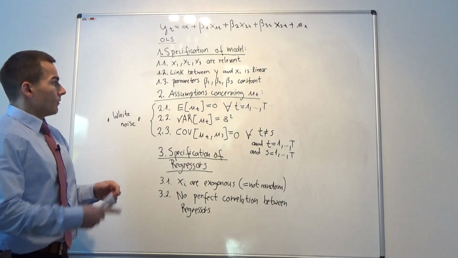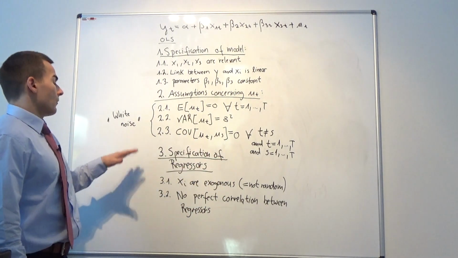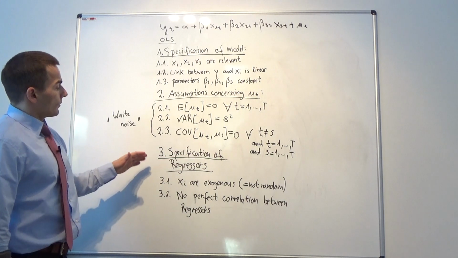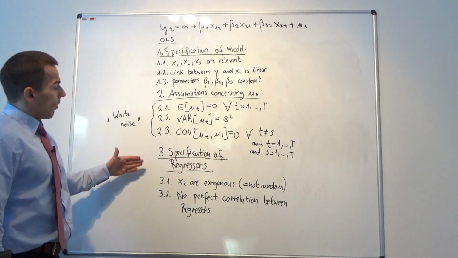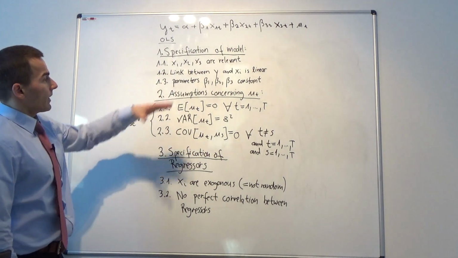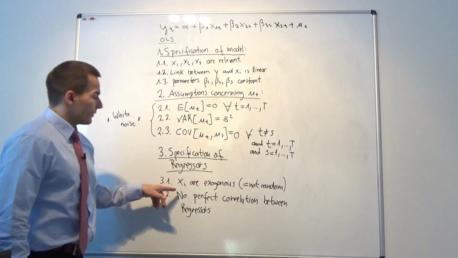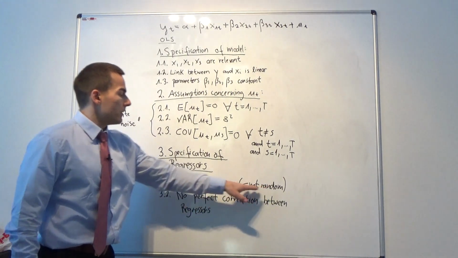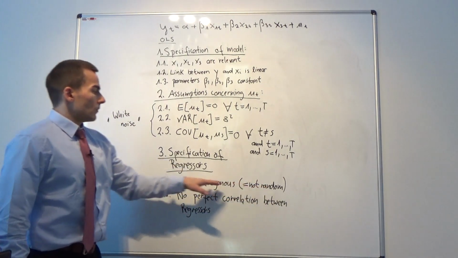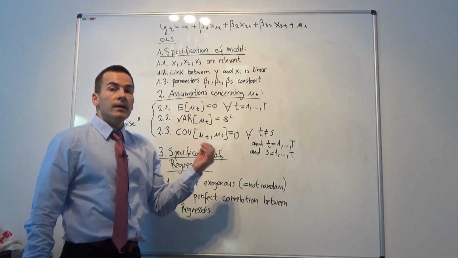The third set of assumptions is concerned with the specification of the regressors. What we also assume in deriving our statistical tests is that our regressors are exogenous. That means they are not random, they are predetermined.